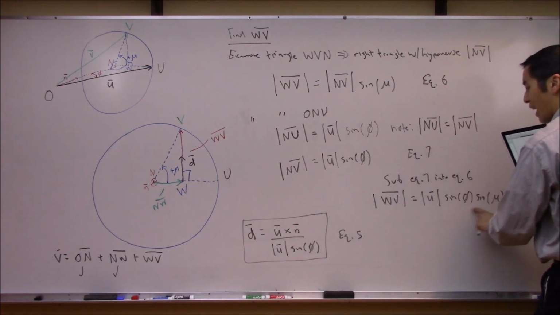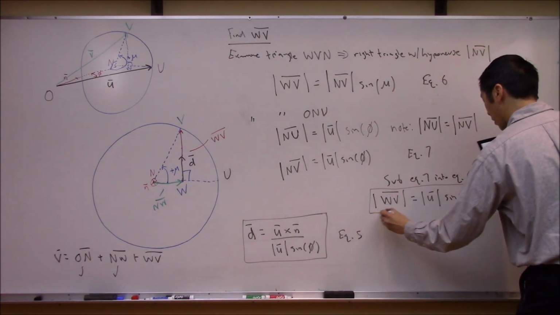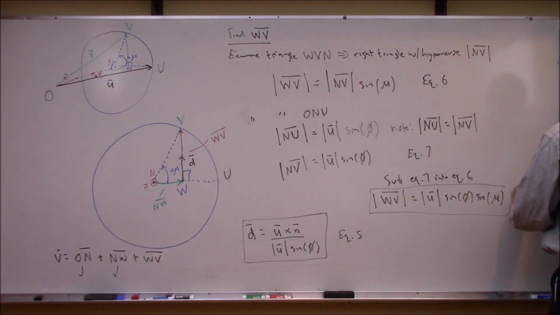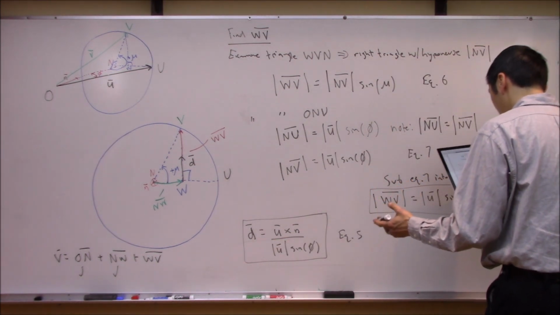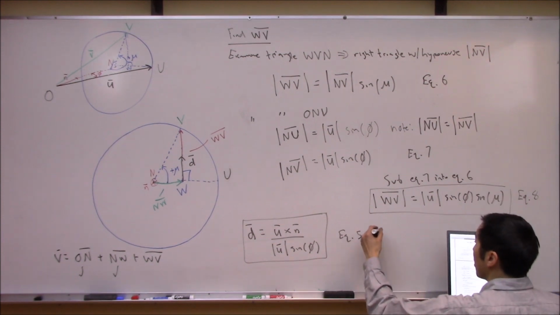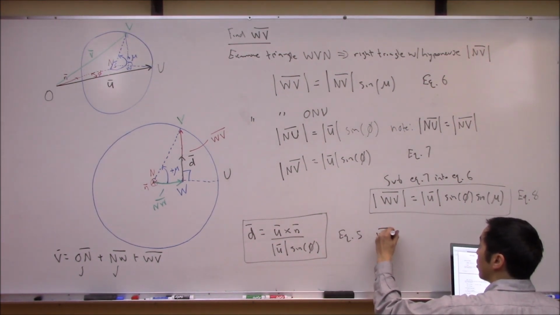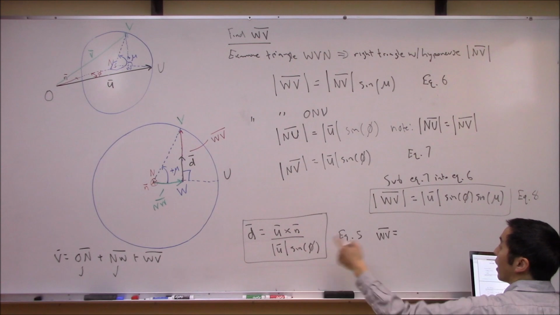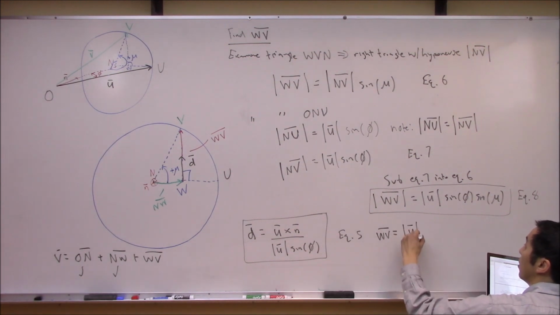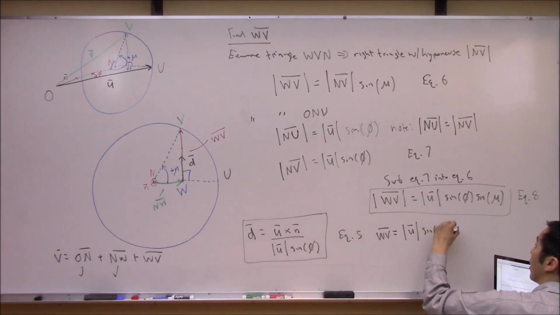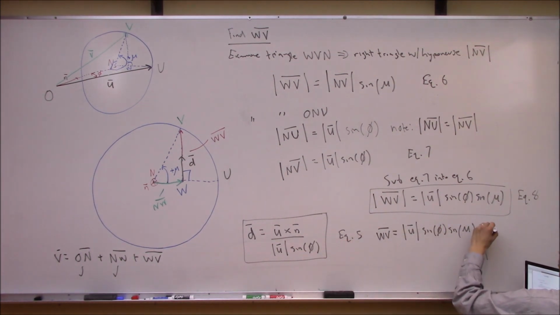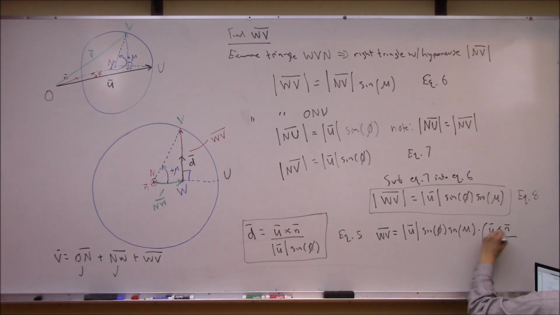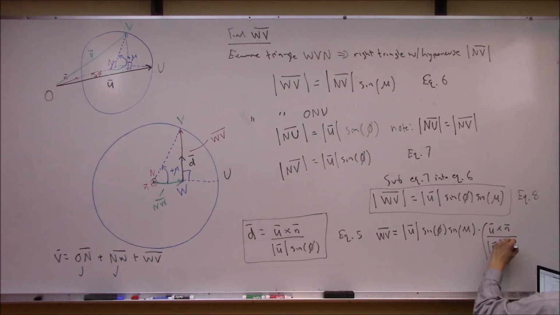Here's the length. Maybe I'll box this up right now and call it equation 8. Here's the length, and here's the direction. So the overall vector WV is just the magnitude times the direction. So here's the magnitude, magnitude U sine phi sine mu, times the direction, this thing over here, which was U crossed N all over magnitude U sine phi.